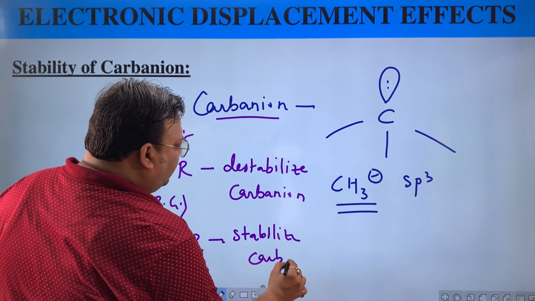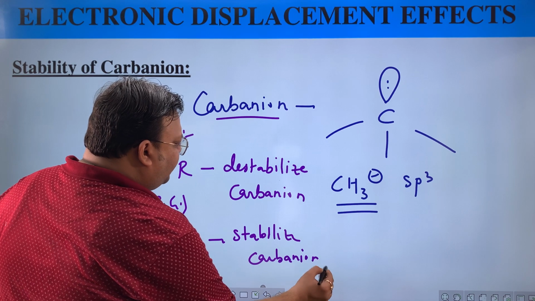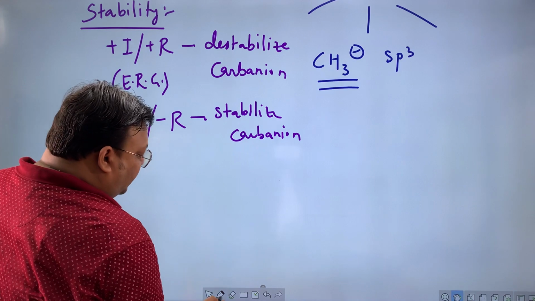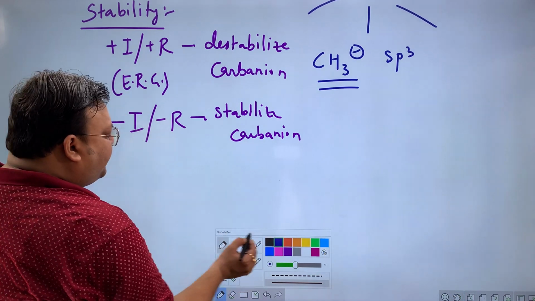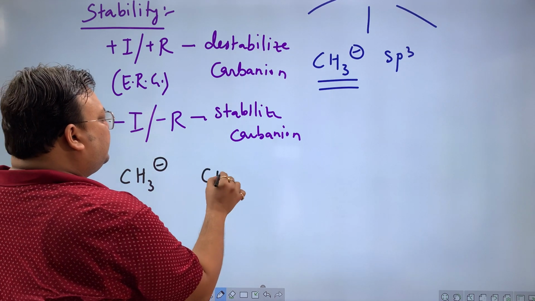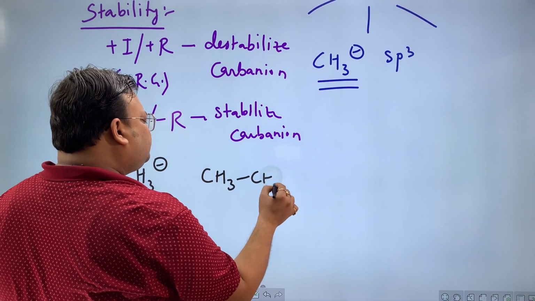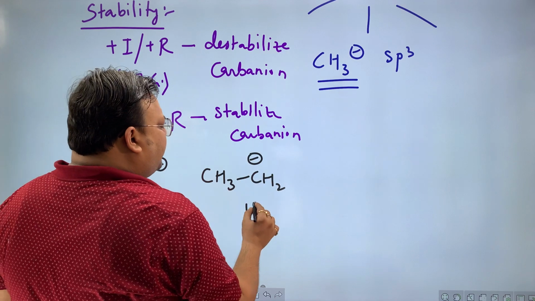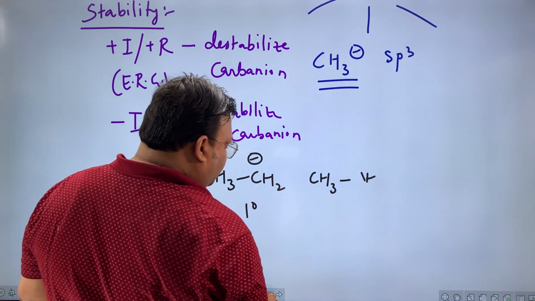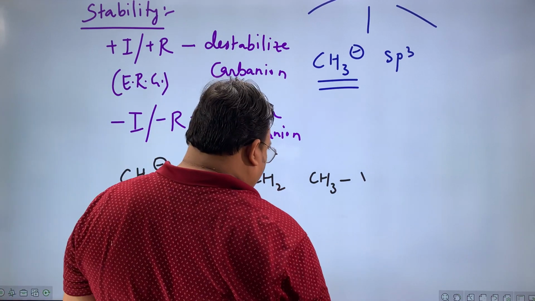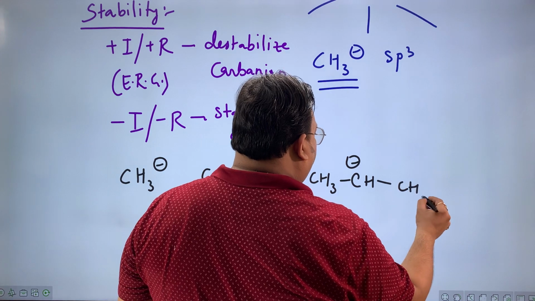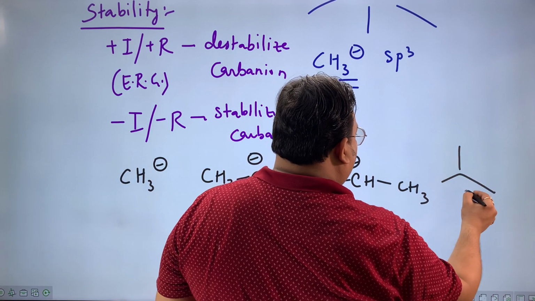and very quickly, if now we talk about again the different types of carbanion, with this sorted out, say this is methyl carbanion, this is ethyl carbanion, which looks like a 1 degree carbanion, and then there could be a 2 degree carbanion, and there could be a 3 degree carbanion.